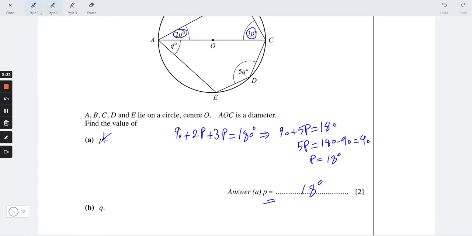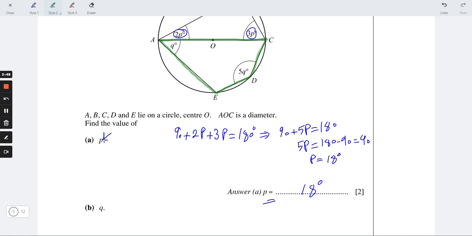So here we have a quadrilateral A, C, D, E again. This is a quadrilateral inside a circle. They call it a cyclic quadrilateral. Using facts about this one, we know that opposite angles add up to 180 degrees.